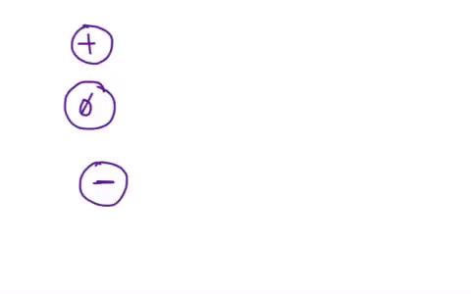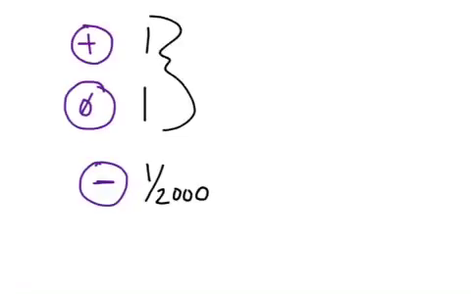As far as size goes, or mass goes, if we say that a proton weighs 1, then a neutron weighs about 1 also. Electrons are really, really teeny though. They're about 1/2000th of the size of the proton and the neutron. And so it's these two things, the proton and the neutron, that account for most of the mass of the atom.